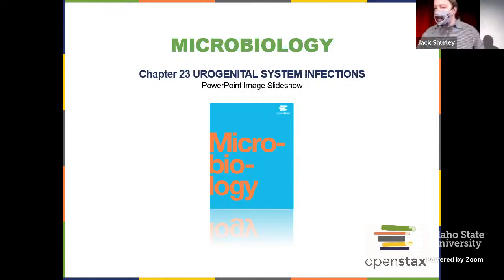So this chapter is the urogenital system infections. There are all sorts of potentials when we think about this. There are also some similarities and differences when we think about males and females and their respective potentials for infection, or maybe to exhibit symptoms, or maybe not. It really depends.